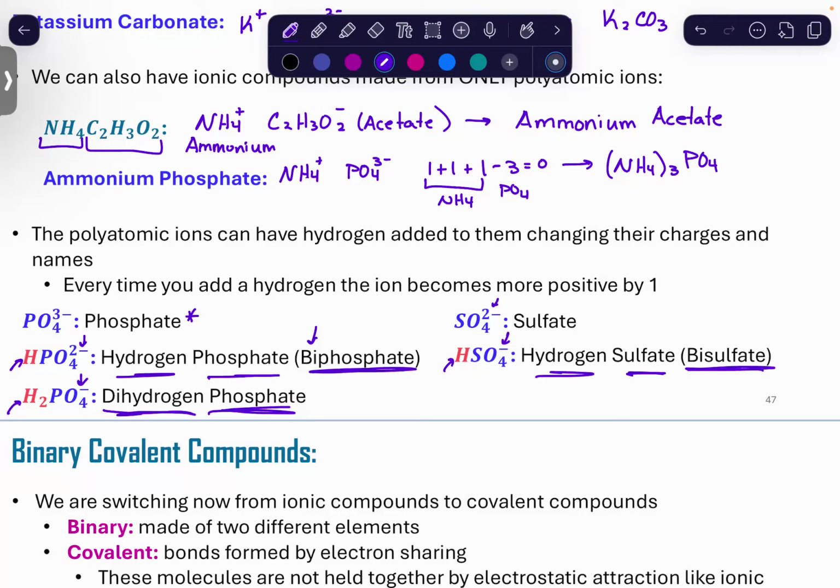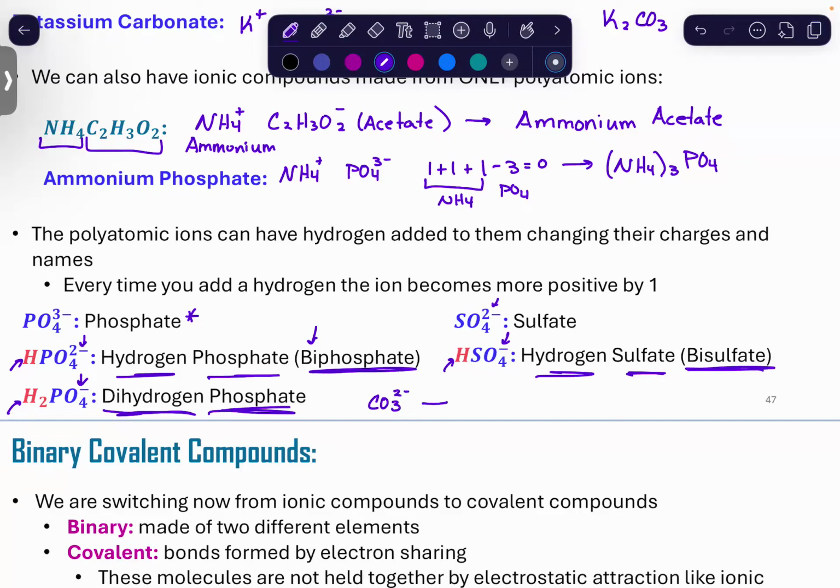But just know that can happen, and make sure you're also getting used to these ions, because a very popular one used in baking soda is sodium bicarbonate. So carbonate is CO3 2-.